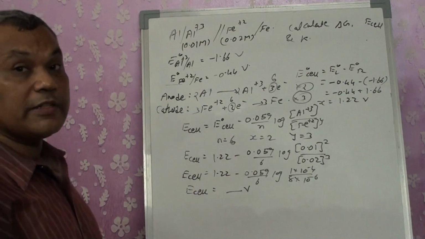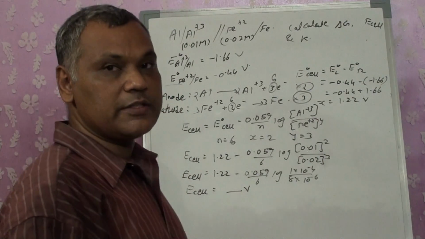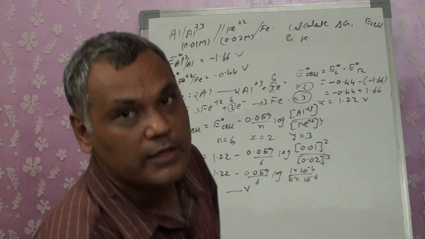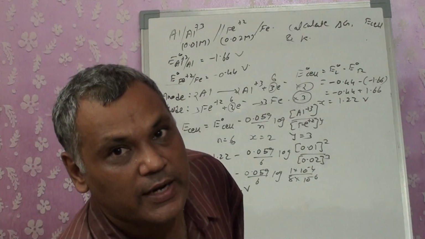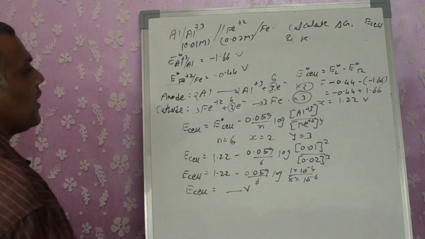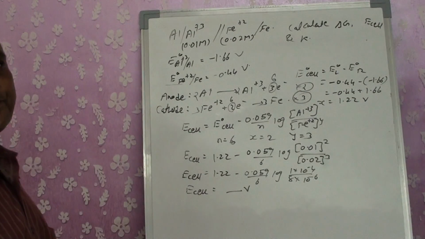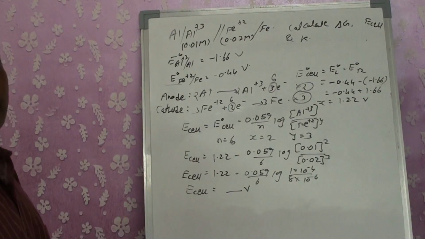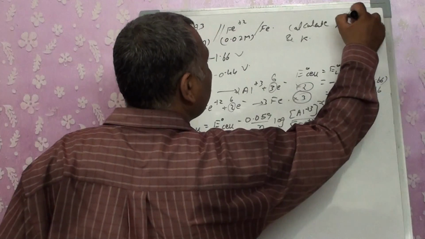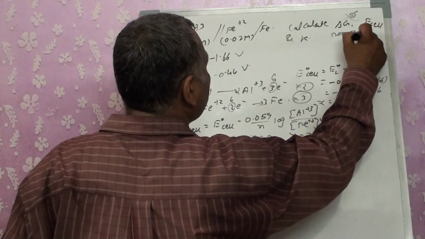Okay. Now what care do I have to take for this sum? The second step is that it's told to me to calculate delta G as well as K. While calculating delta G as well as K, it's not specified to calculate for standard conditions. It's non-standard.